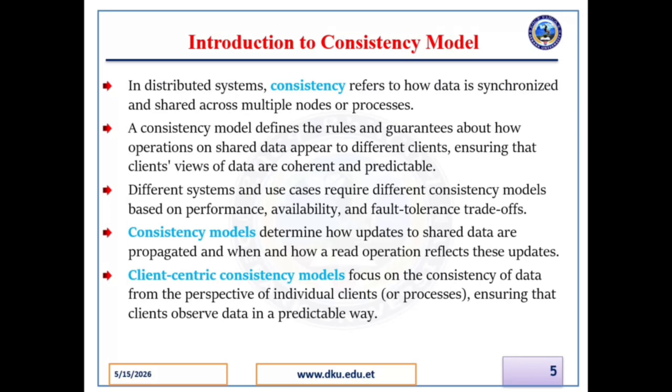So, consistency models determine how updates to shared data are propagated, and when and how a read operation reflects these updates. Client-centric consistency models focus on the consistency of the data from the perspective of individual clients or processes, ensuring that clients observe data in a predictable way.